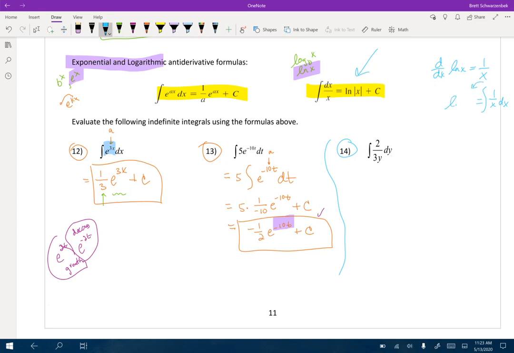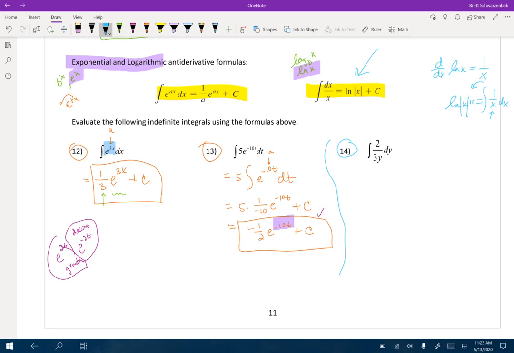But we have to be careful, because the number could be positive or negative, but natural logs only take in positive numbers, so we have to force this to be an absolute value, and of course we would get plus c after it. So the logic of the formula makes a lot of sense.